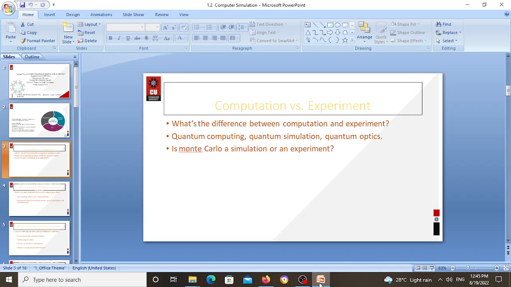In these experiments, we use a physical device, like a simple experiment using a pendulum or a lens that we have done in class 12, or it could be a very complicated experiment like some experiments conducted in the sun laboratory.